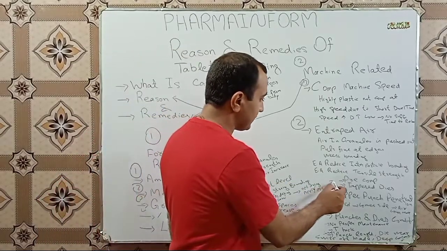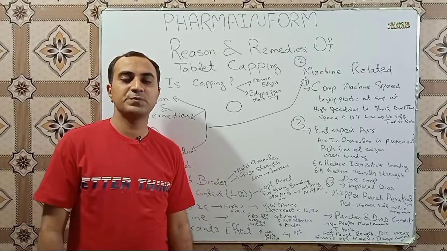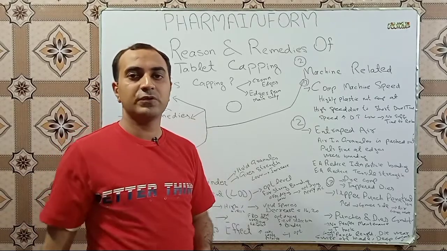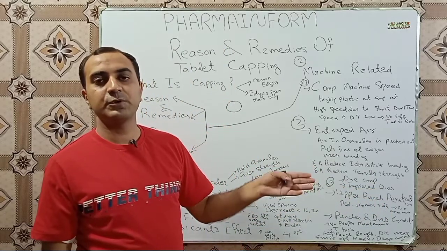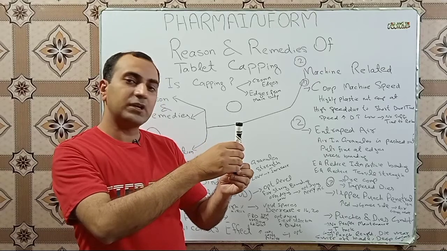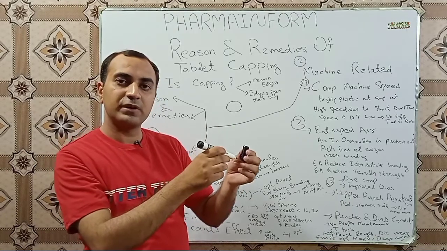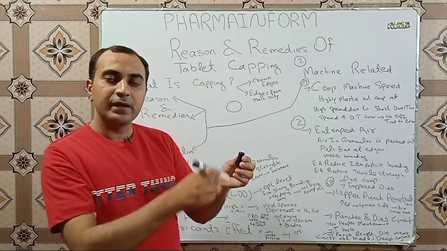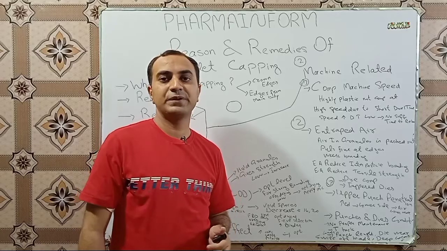The next factor is upper punch penetration. Upper punch penetration plays an important role in capping. What is upper punch penetration? Basically, how deep the upper punch penetrates into our die cavity also controls tablet capping.